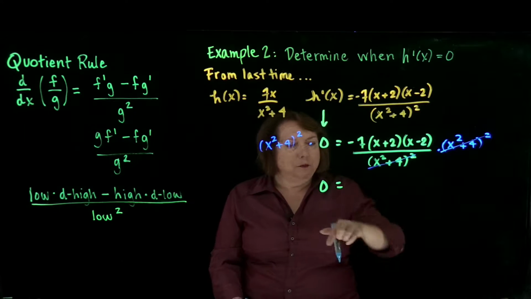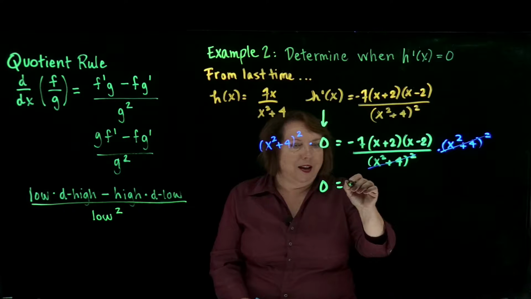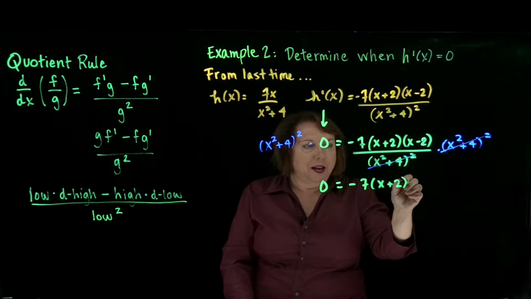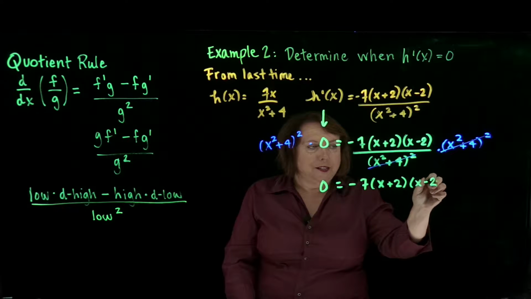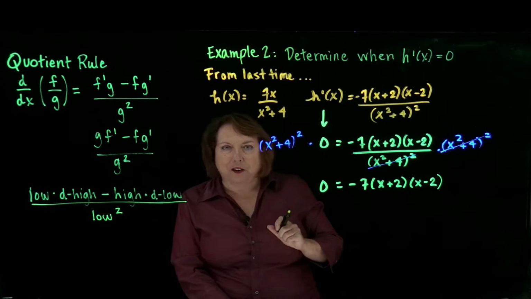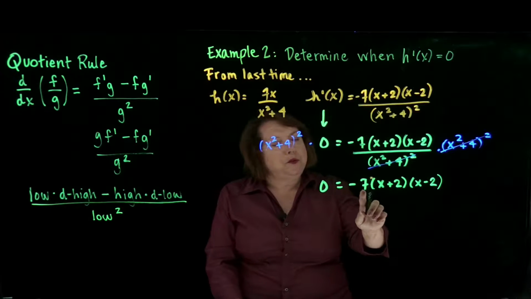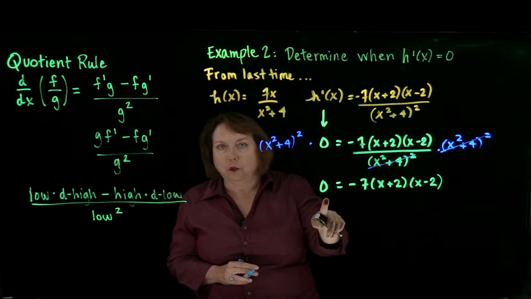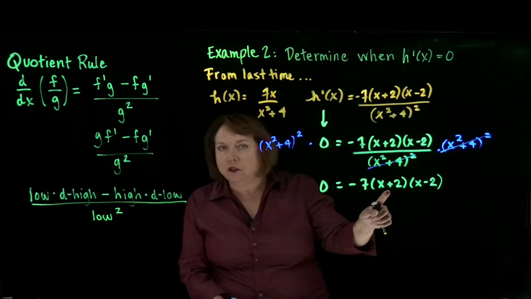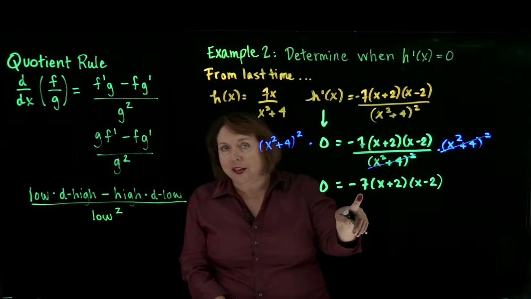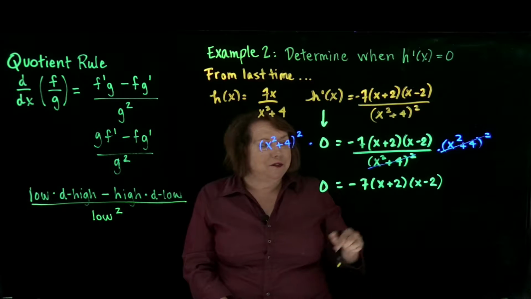So it's 1 times our numerator: negative 7 times (x plus 2) times (x minus 2). Since this is factored already, all we have to do is use the zero factor property. If you know that things multiplied together equal 0, then at least one of these things is 0. Now negative 7 can never be 0, it's just negative 7.